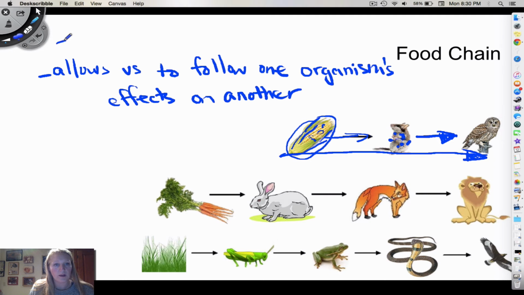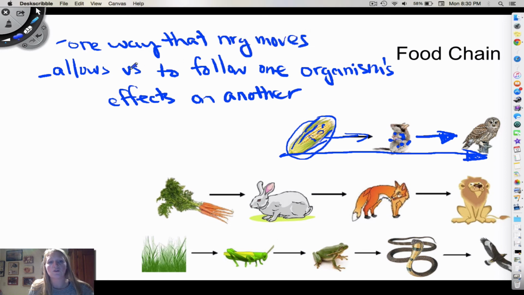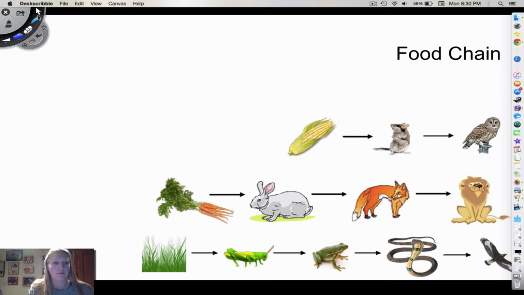And it is one way that energy moves. Okay, so this is a food chain, just one sequence of movement of them.